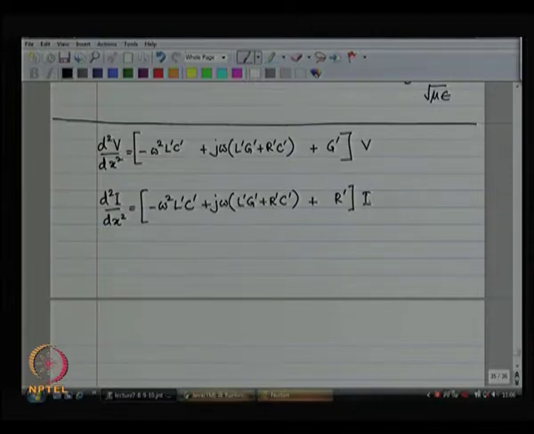What is the solution to this? Dou squared V by dou x squared is something times V. So, what should V look like?